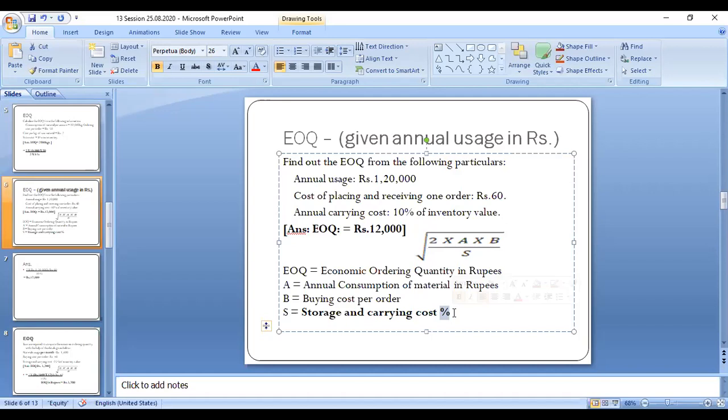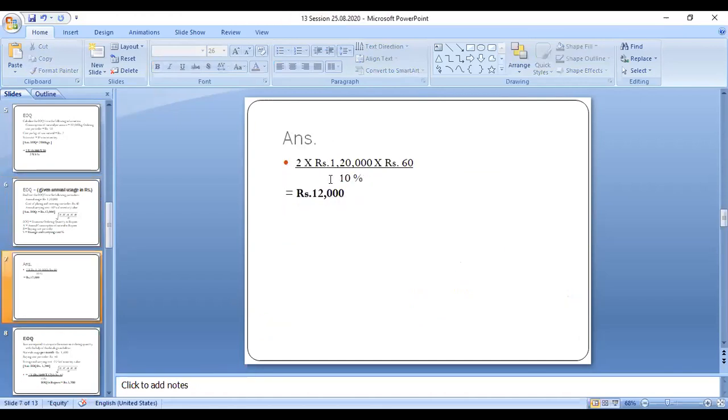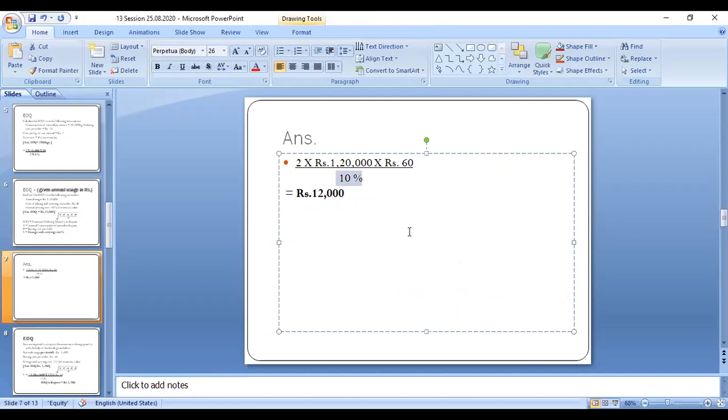Only the storage percentage you take here. So the three values are given: 2 into 1,20,000 into 60 divided by 10%, directly you can apply 0.10. You will get the answer, and the answer will also be in rupees. That is called EOQ given annual usage in rupees. This is the second case.